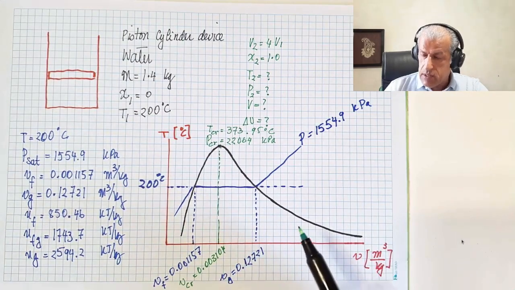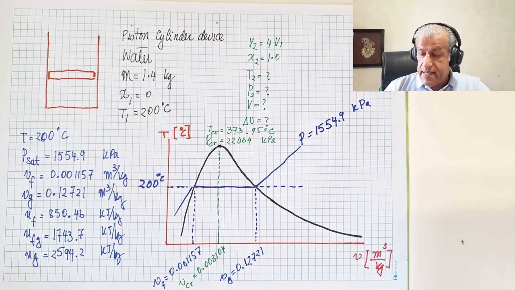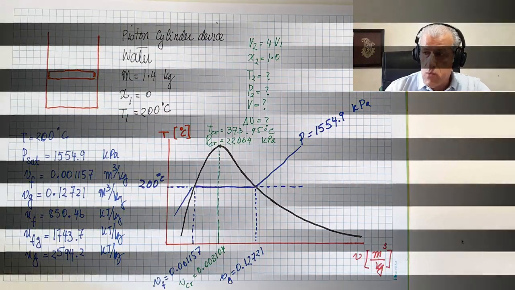That's how it is. Now, what does the problem tell us? That's very interesting. The problem tells us that in the final case, V2 equals 4 times V1. Now, let's see what that means.